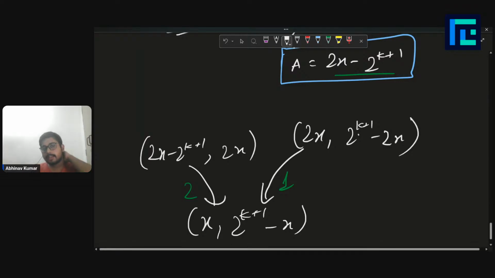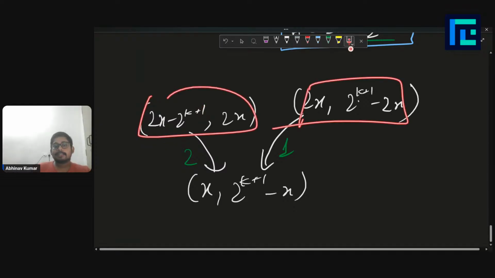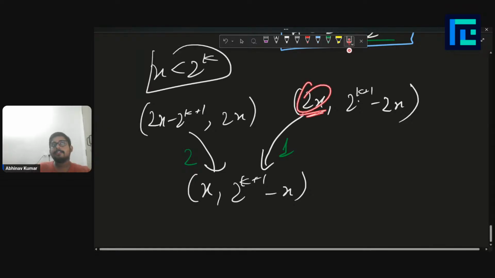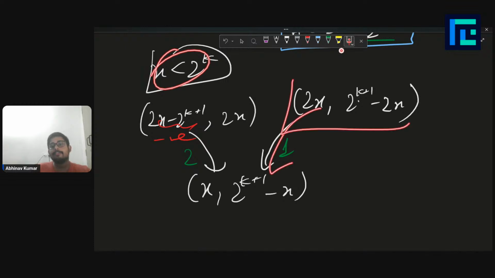Okay. So now if you look whether this state is valid or this state is valid, then if x is less than 2 to the power k, then this state would be valid, 2x would be in the range, but 2x minus 2 to the power k plus 1 would become negative. So for this case, we can come from only this state.